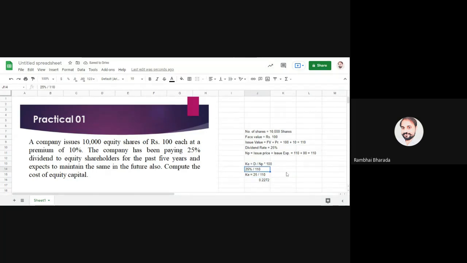So ultimately, how do we write? 0.25 into 100 divided by 110 into 100. Do we write it like this?